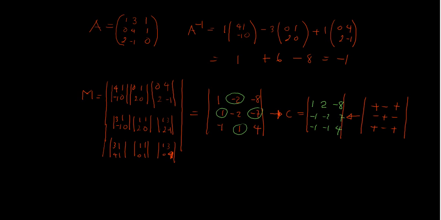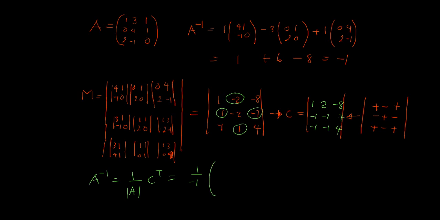Okay, we are almost done. Now the A inverse matrix is equal to 1 over det A, your determinant, times the transpose of C. The determinant value we found is minus 1, so 1 over minus 1.